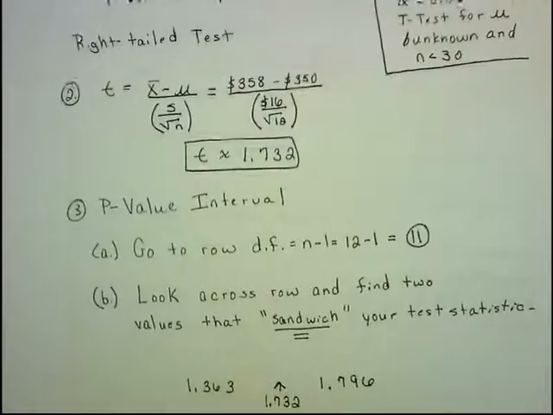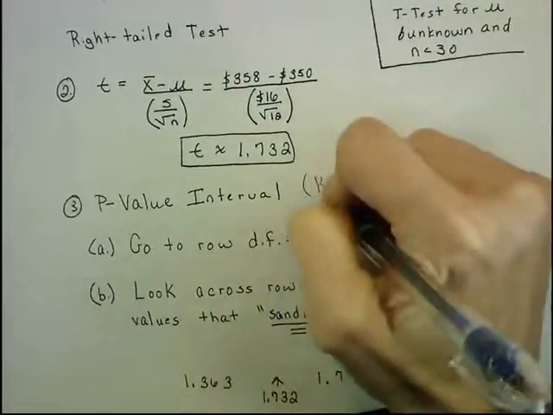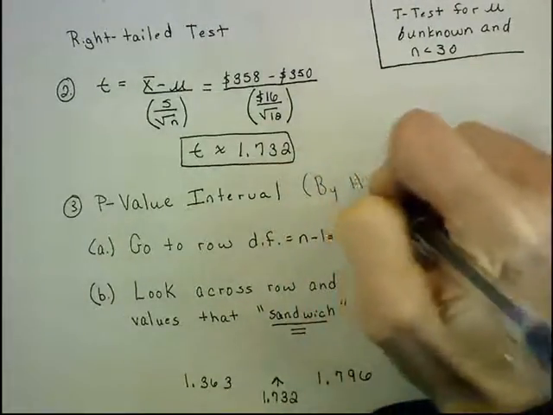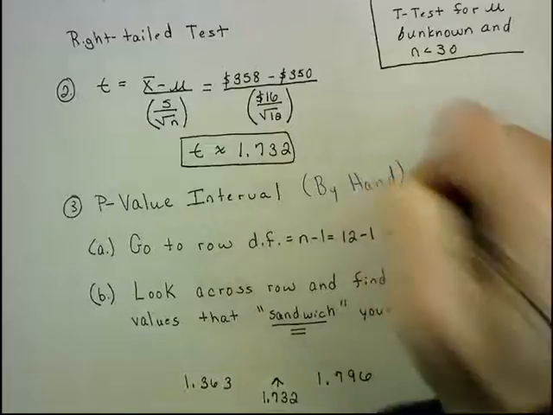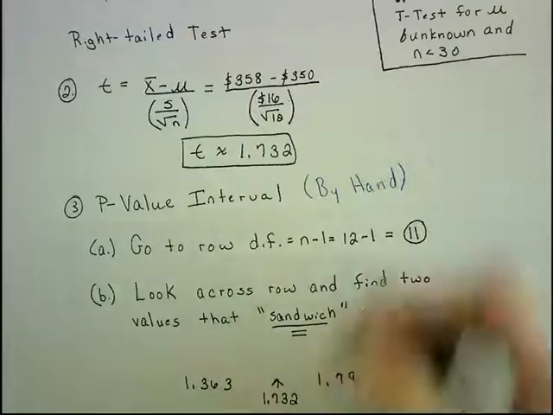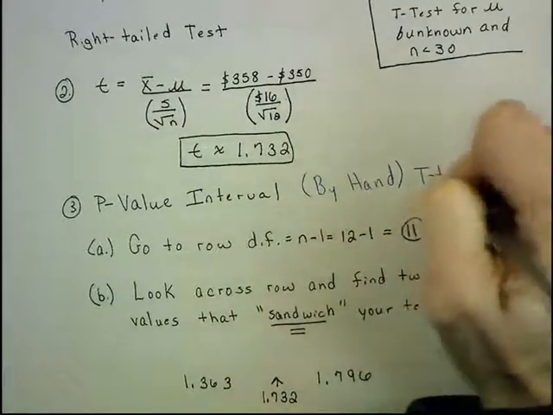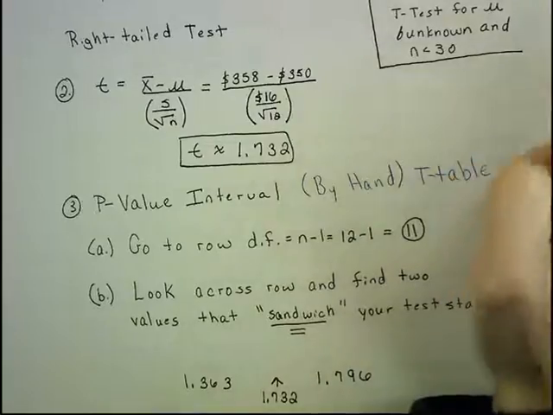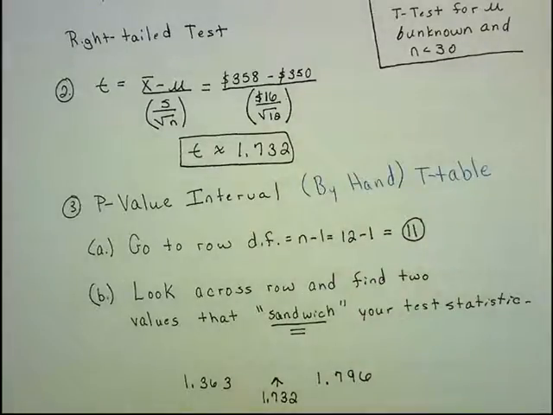I will tell you that by hand, you cannot find an exact p-value when it's a t-test. You have to find something called a p-value interval. The calculator, TI-84, will give you an exact p-value, but by hand using the t-table, you only find something called the p-value interval. And it just gives you possibilities for what the p-value could be.